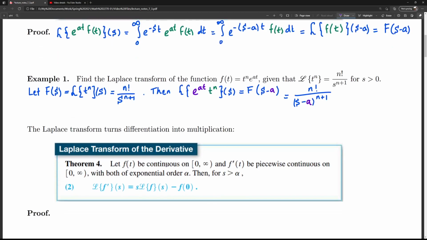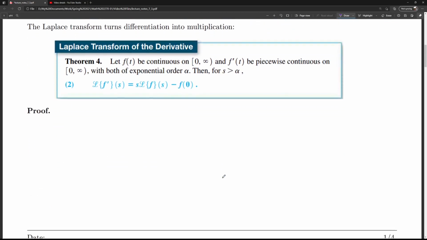So if f of t is a continuous function on the left closed interval from 0 to infinity, and the derivative of f is a piecewise continuous function on the left closed interval from 0 to infinity, and both of these functions are of exponential order alpha, then for all s greater than alpha, we have that the Laplace transform of the derivative of f is equal to s times the Laplace transform of f minus f evaluated at 0.